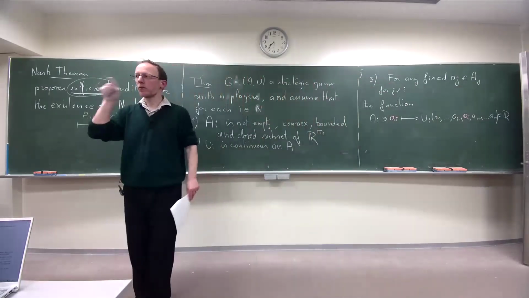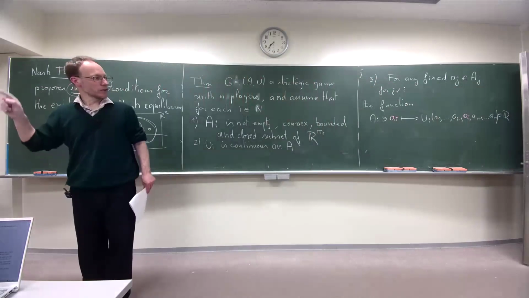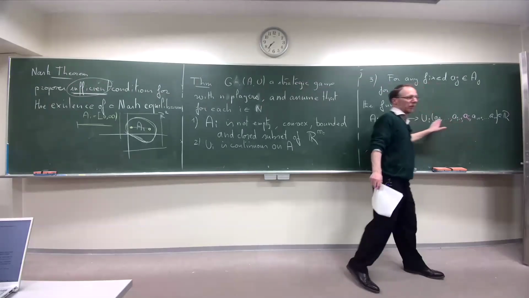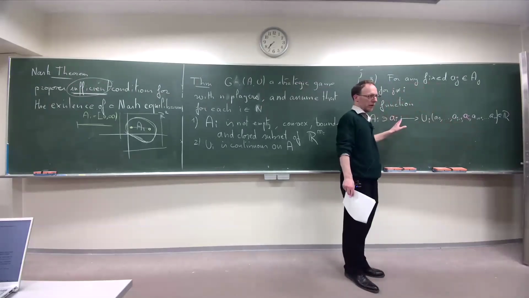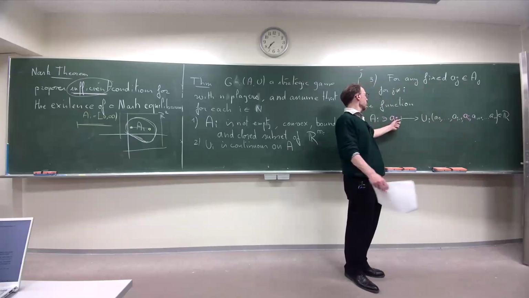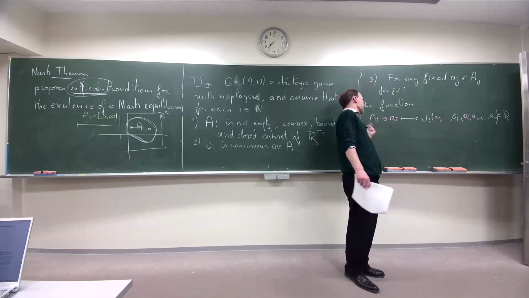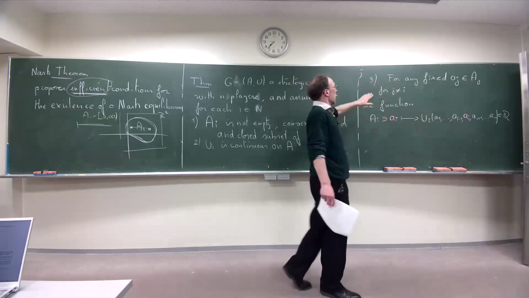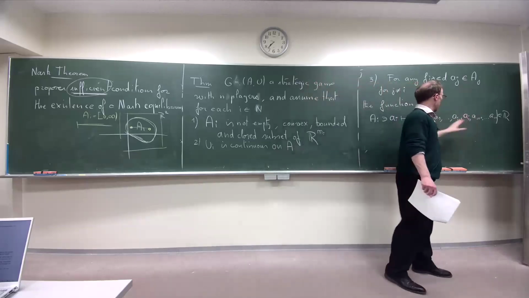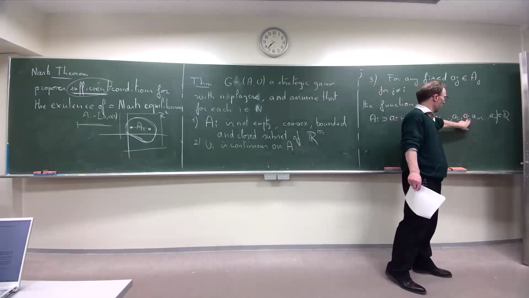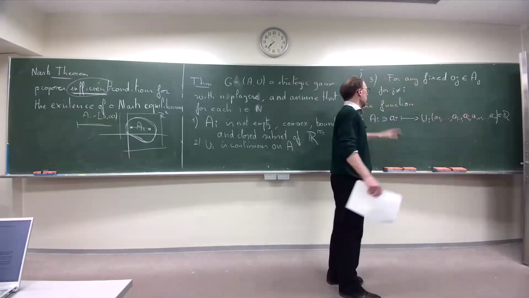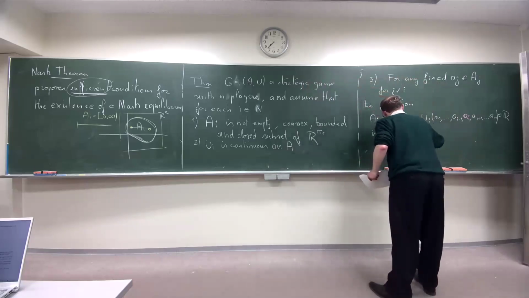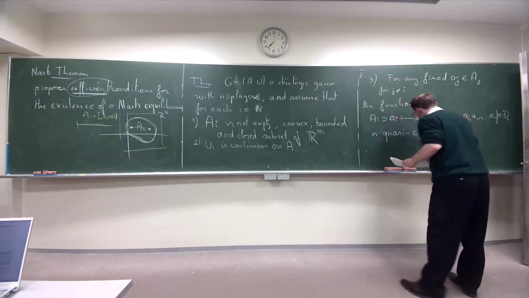You fix a point A1, you fix a point A2, and you consider just the function of one variable. Okay? It's a function of one variable, and this variable is in the set Ai. So for all fixed Aj, except the variable i, this function is what is called quasi-concave.